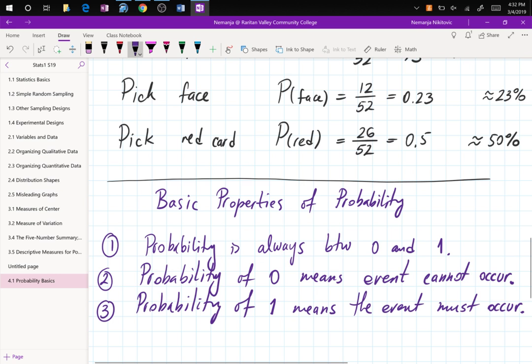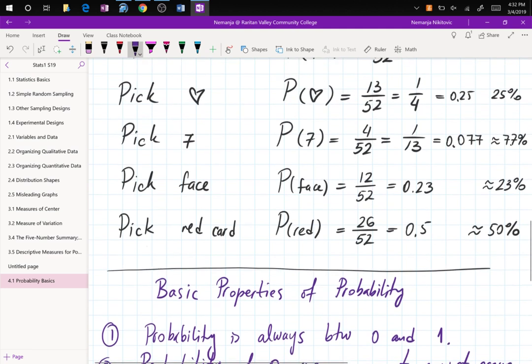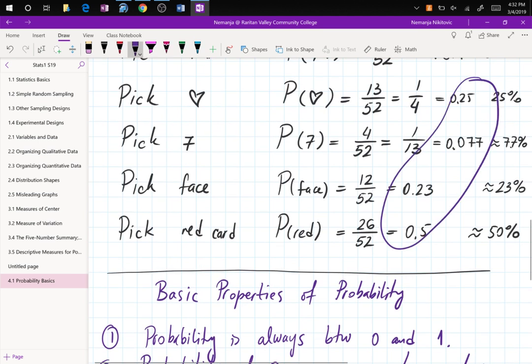So now, everything in between can go either way. And we've seen it with cards, right? If you want a red card, if you want the heart, if you want, whatever you pick, there is always some kind of a probability, and these probabilities are always these decimal numbers here.